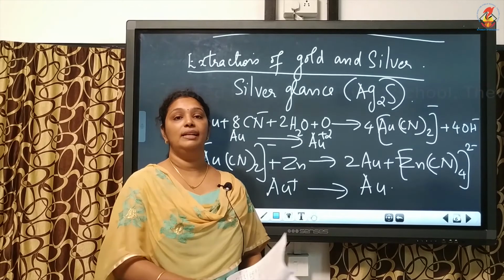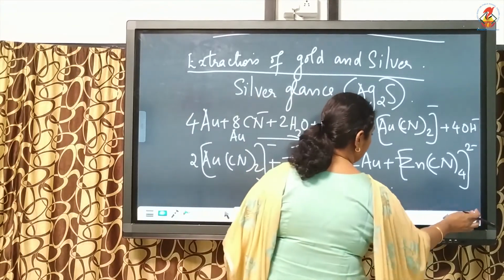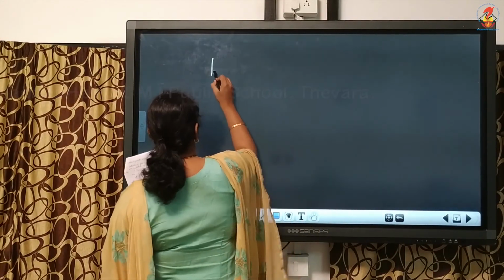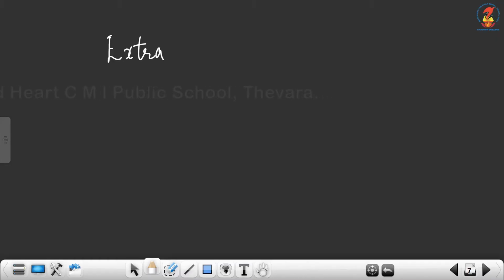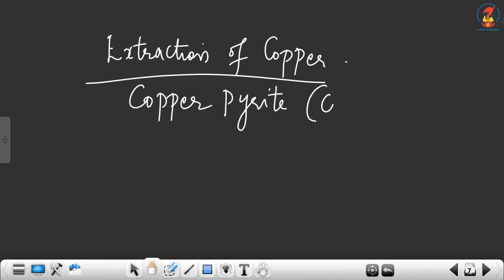Now next let us see the extraction of copper. Copper is extracted from its ore, copper pyrite, and the formula is CuFeS2.